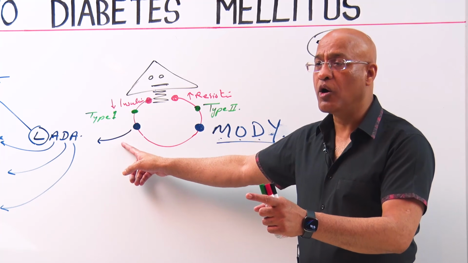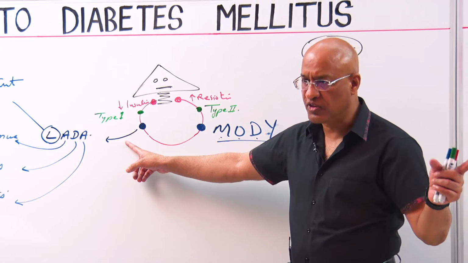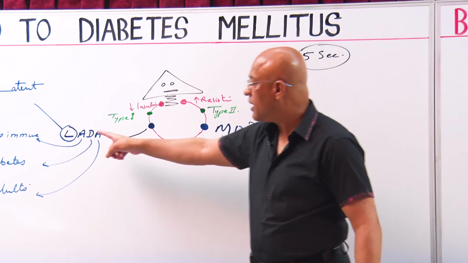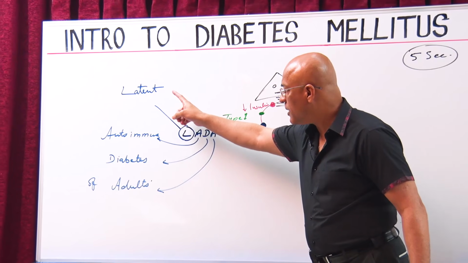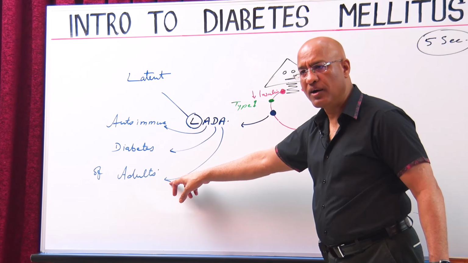The real big problem, at least initially, is not peripheral resistance. So we'll call it LADA. What is that? Latent autoimmune diabetes of adults.